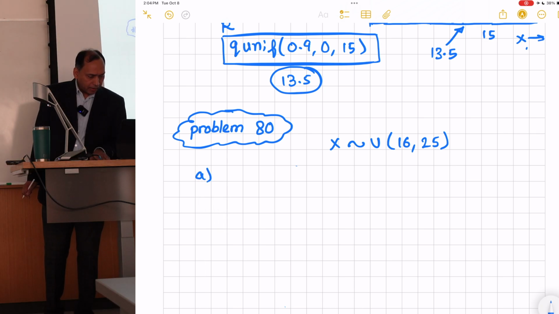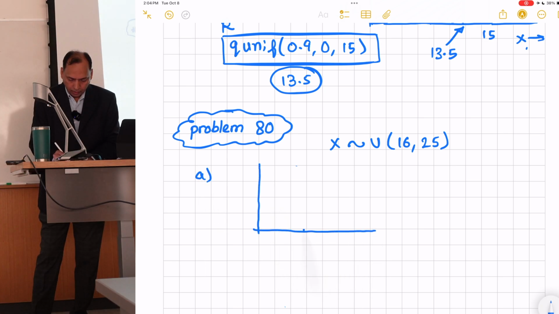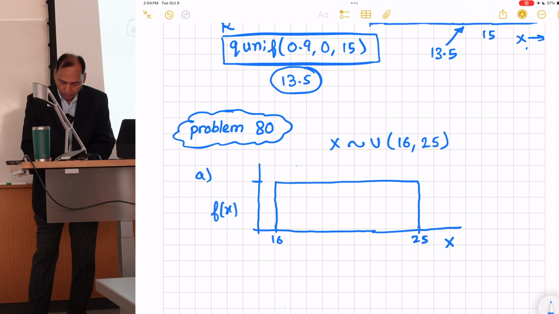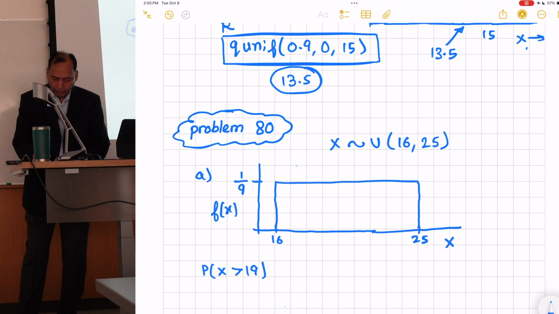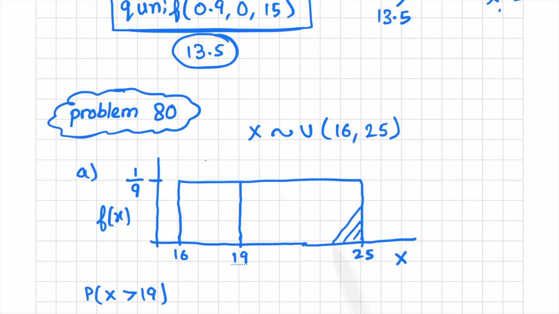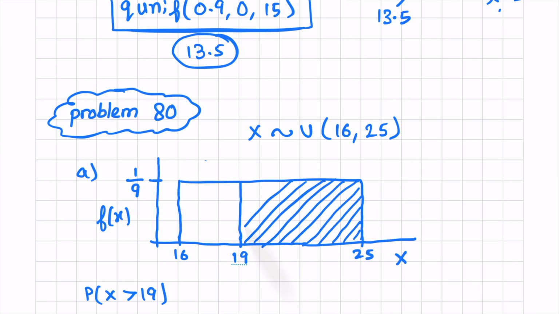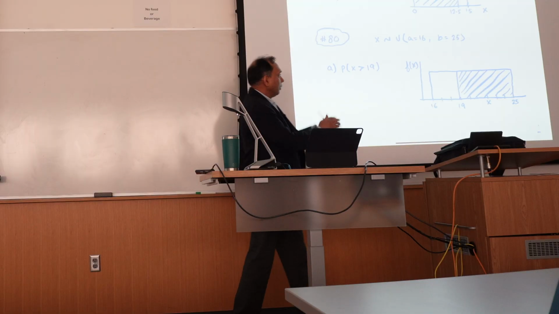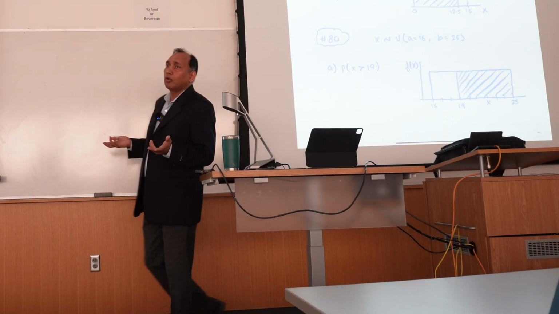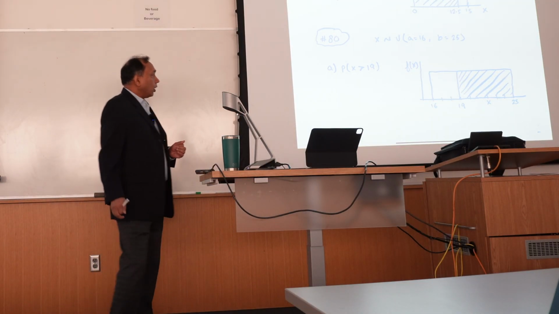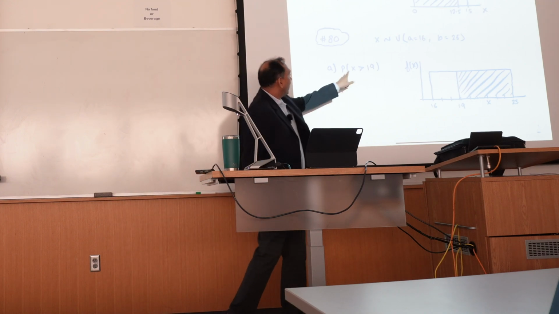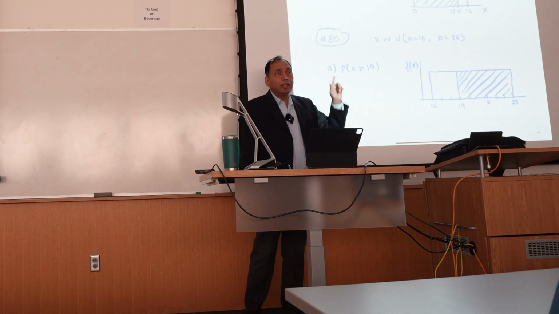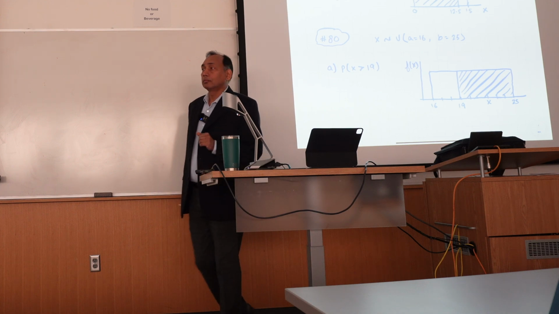Part A says, what is P of x more than 19? We make this picture. So area to the right. So we are interested in that area. Now before we solve this problem, a quiz question may be, what is the probability that x is less than 16?